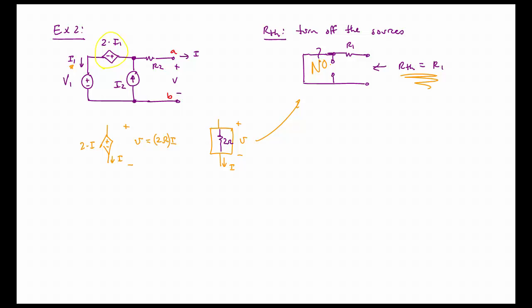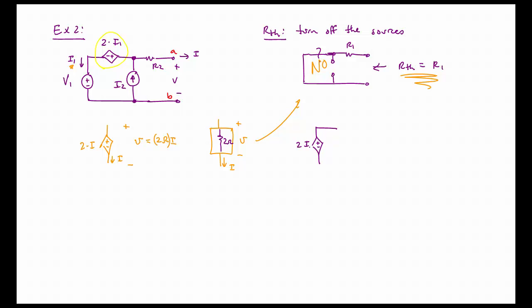All right, and we have a problem now. If there is a dependent source or more in a one-port network for which we are trying to find a Thevenin equivalent, we cannot just turn off the independent sources or the dependent sources. We have to leave them in there. So let's leave it in there. I'll draw it this way.